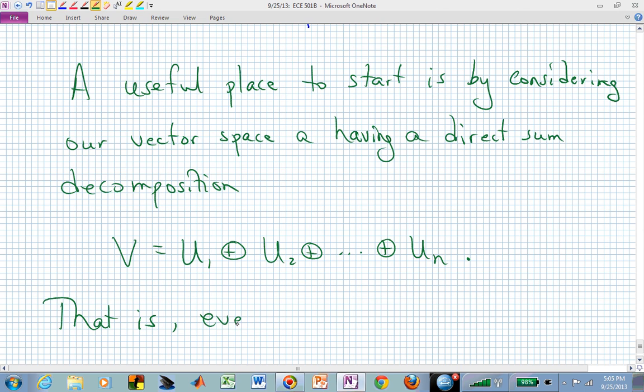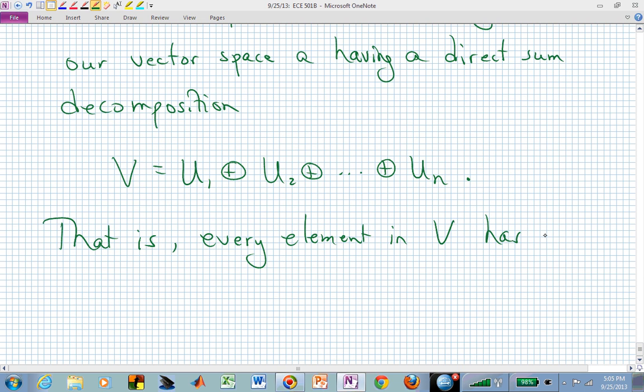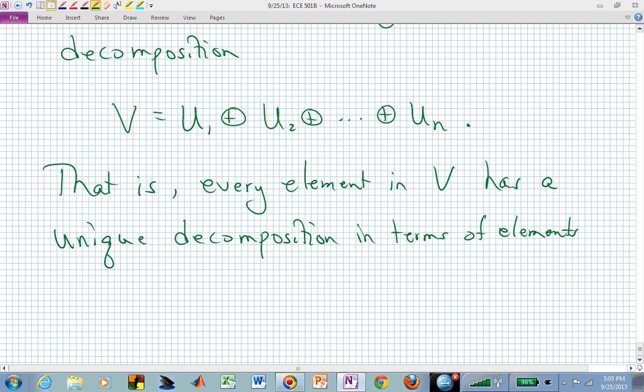That is, every element in V. Every element means every vector in V, in our vector space V, has a unique, that's the nice thing about this direct sum decomposition, has a unique decomposition in terms of elements of the various subspaces.